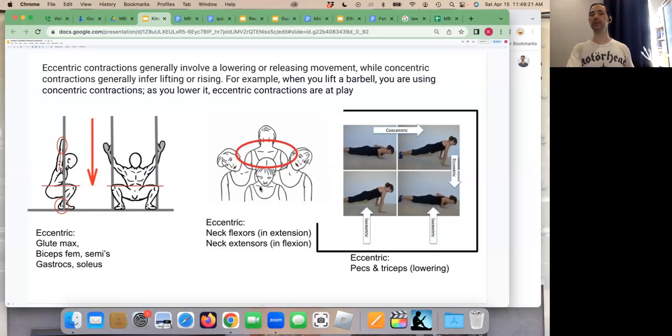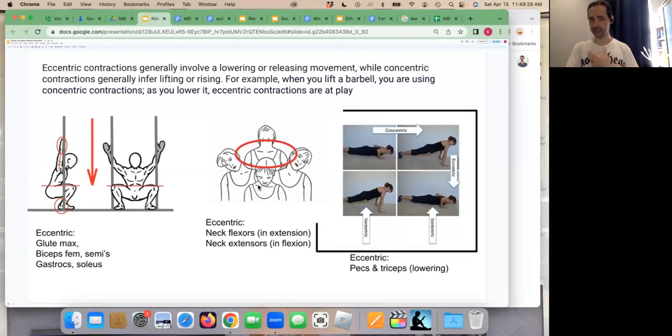In flexion, the neck flexors, the muscles in the front, are contracting concentrically, and the extensors in the back, which are lengthening, are contracting eccentrically. In the opposite direction, when you extend, the neck flexors are lengthening. That means that they're contracting eccentrically, and the extensors in the back are contracting concentrically because they're shortening.